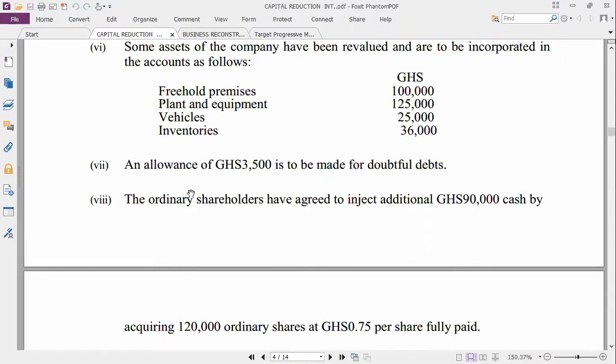Good. So how do you treat this? In fact, the number of shares, 120,000, times 0.75 gives us 90,000. So over here, you just have to pick 90,000 because they've done it for us already. So you pick it straight to the balance sheet.